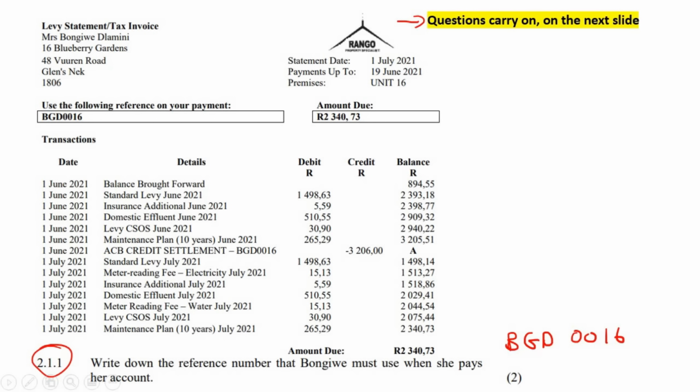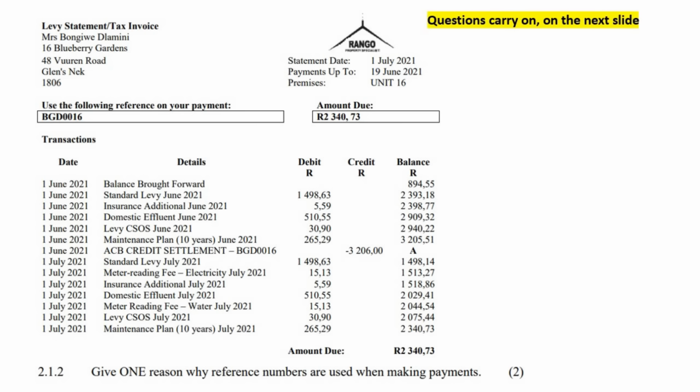What that then does is when the people who receive the payment see BGD 0016, they'll look that up on their system, and they'll be like, oh, it's Mrs. Bongiwe Dlamini, and they know exactly who it is. Otherwise, they don't know who's paying them, okay? That is what a reference number is. It's an easy way for the company to understand where this money is coming from, who's paying it, okay?